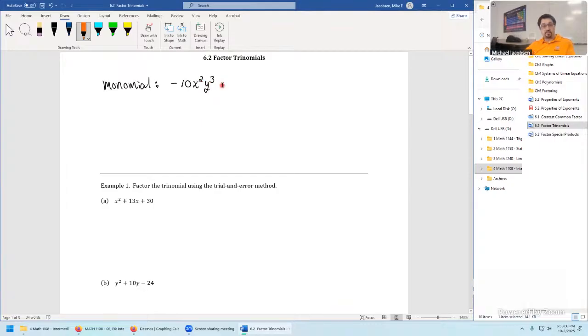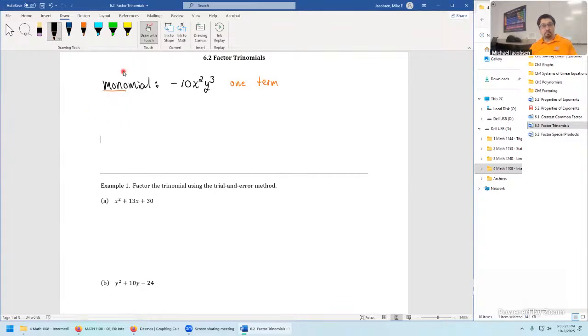There's no other +5. There's not minus x squared y. So if there's just one thing here, multiplications throughout, this would be one term. And that's where the mono part comes from. We're saying an algebraic expression where the variables are raised to integer powers like these, but just one term.